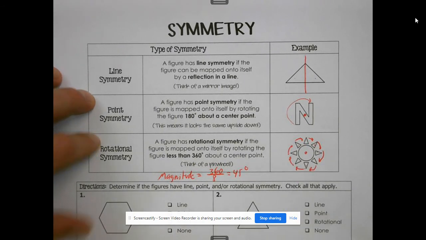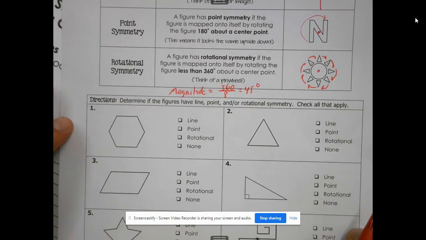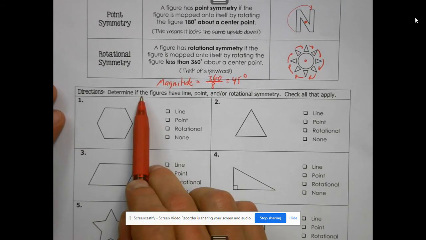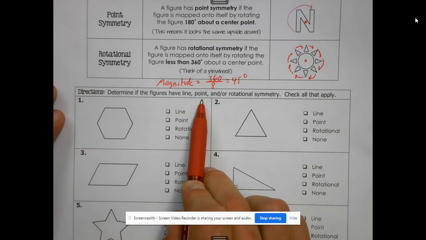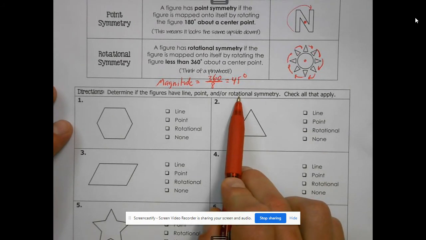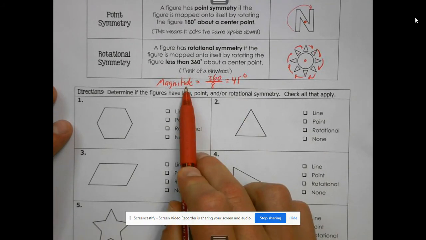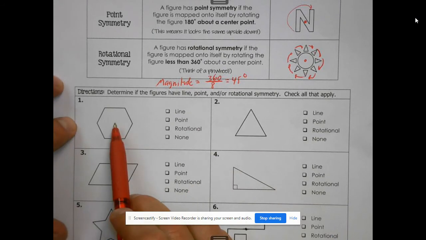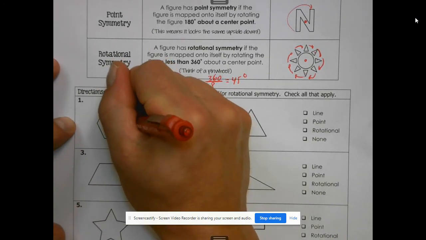All right, let's look at some examples here. Determine if the figures have line, point, and or rotational symmetry. Check all that apply. If it has rotational symmetry, I want you to give me the magnitude as well. Does this have line symmetry? Oh, you bet. We can draw a line here.